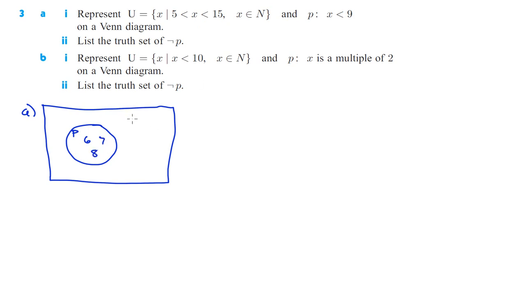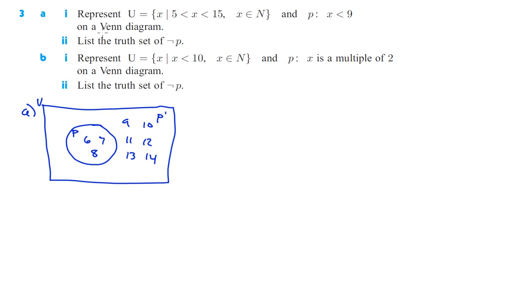So here's P, and this is the universal set. Let's write that as just capital U. And then we would want to include all the rest of them. We've got 6, 7, 8 covered, so we need 9, 10, 11, 12, 13, and 14 out here in the not P, or the P prime.